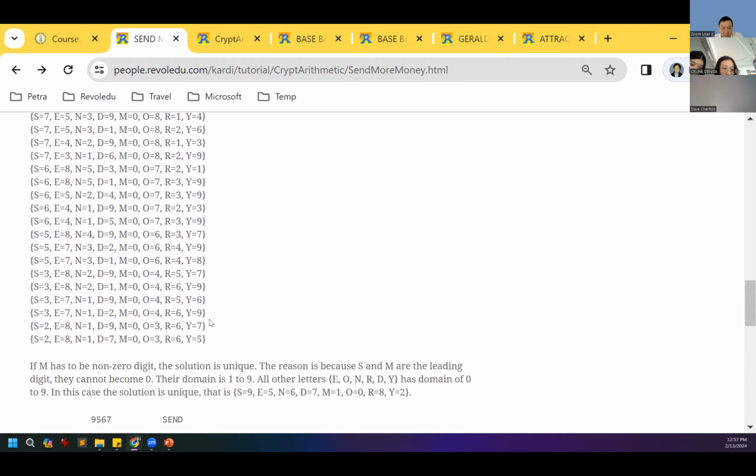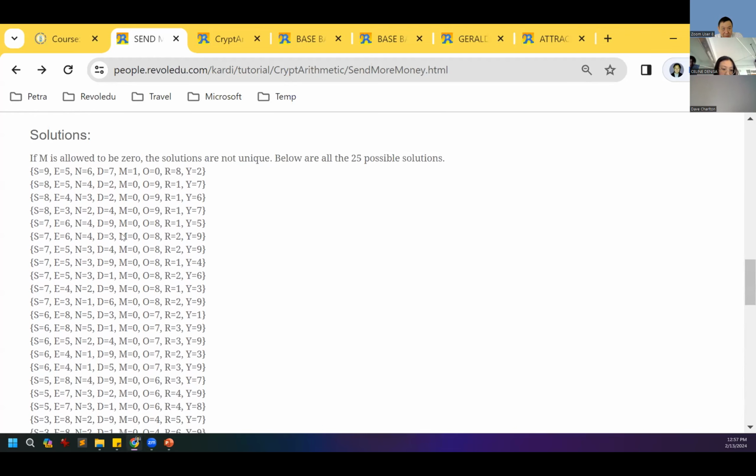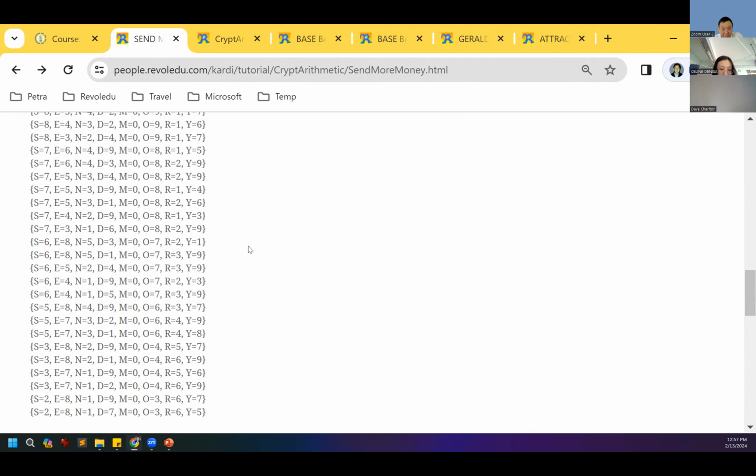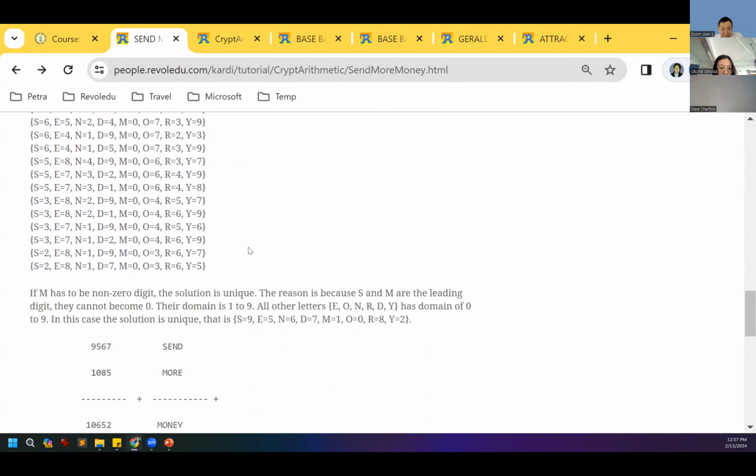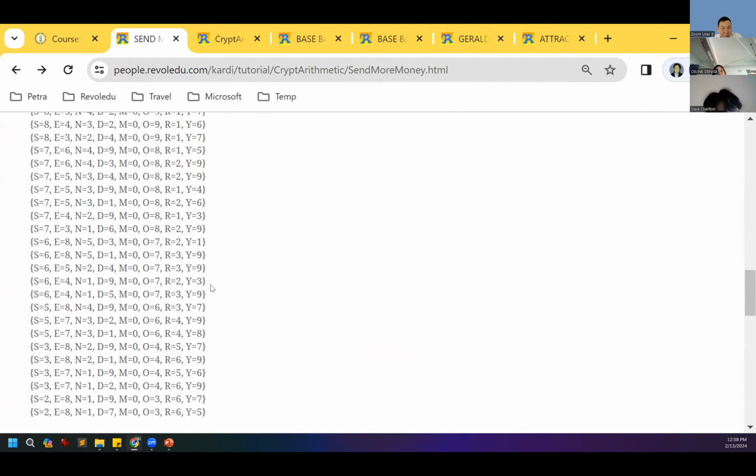But if M is equal to 1, then there is only one unique solution among all of these. There are so many non-unique solutions if M is equal to 0.